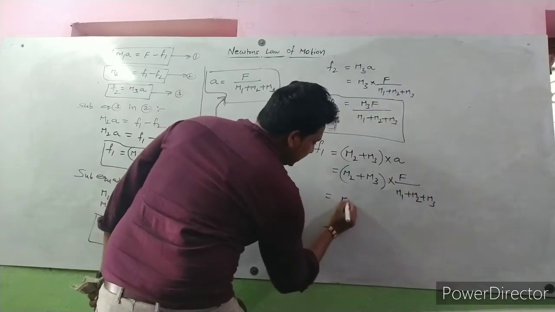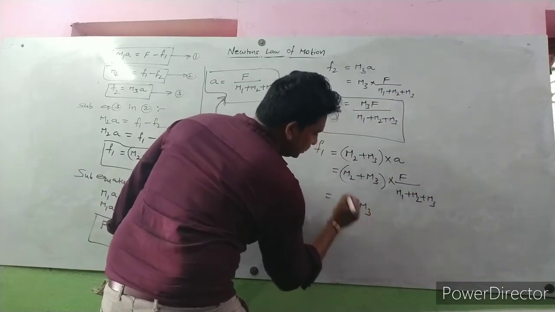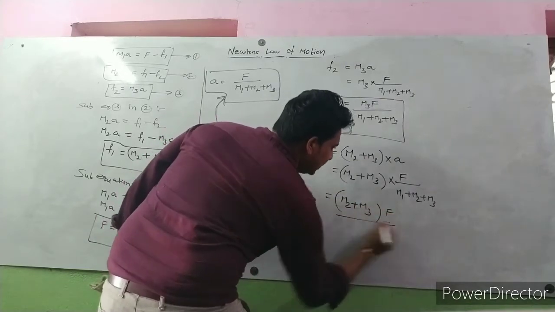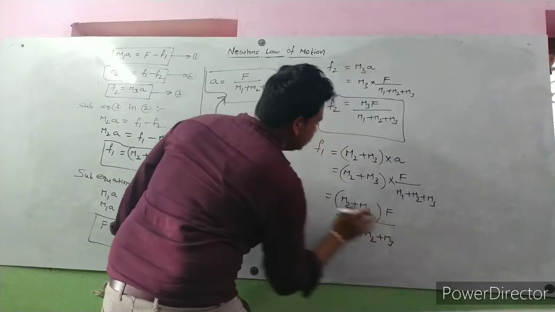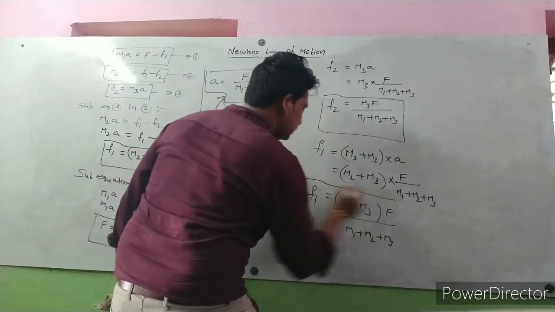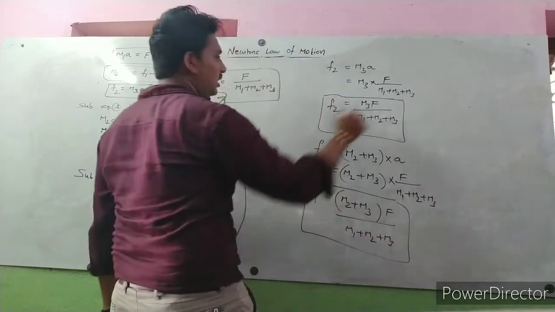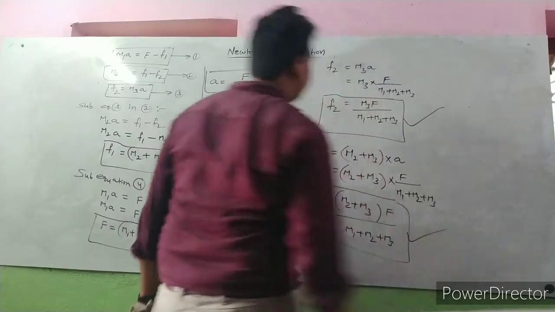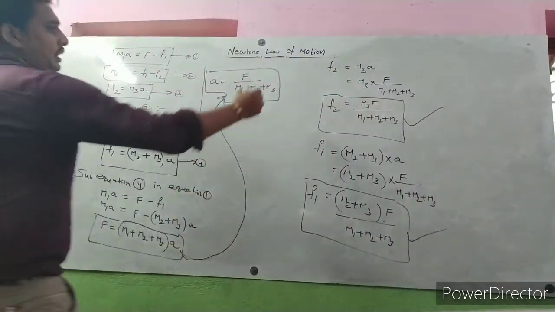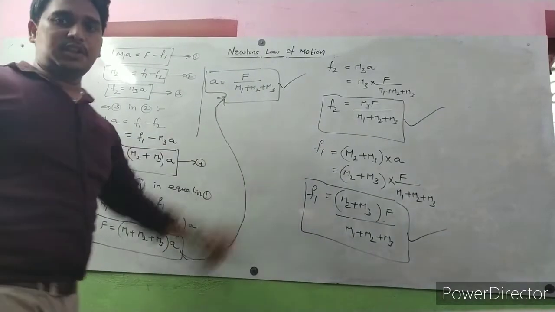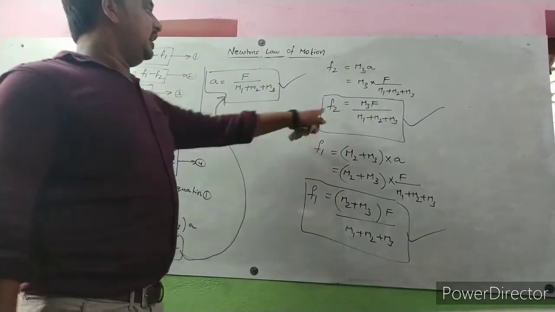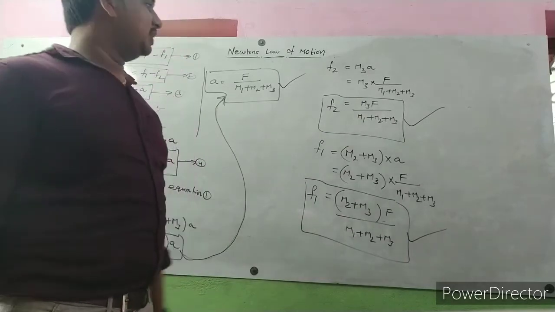So M2 plus M3 into F by M1 plus M2 plus M3 is F1. So we got the F2 value, the F1 value, and the acceleration value. Acceleration is F by M1 plus M2 plus M3, and F2 is M3 into F by M1 plus M2 plus M3.